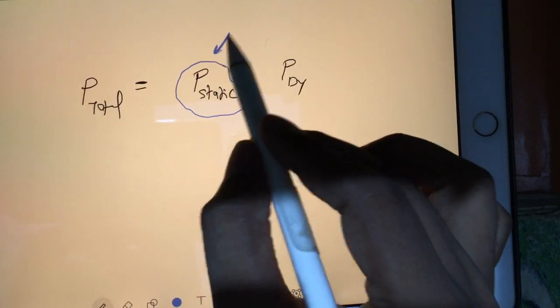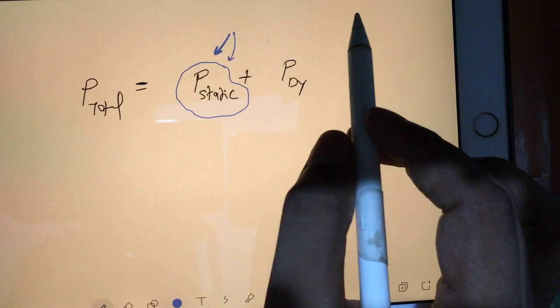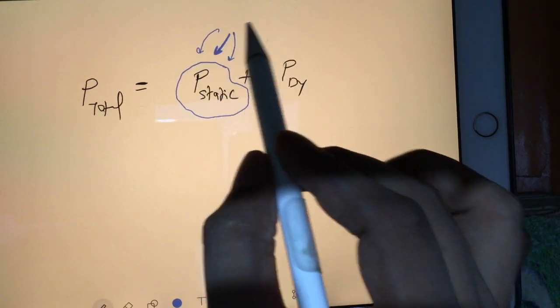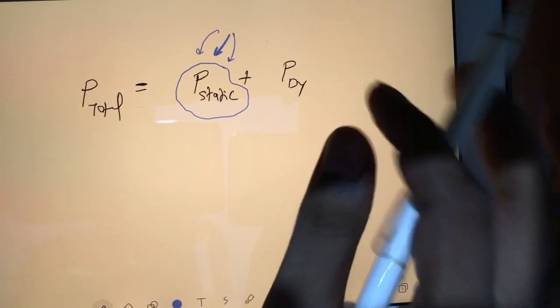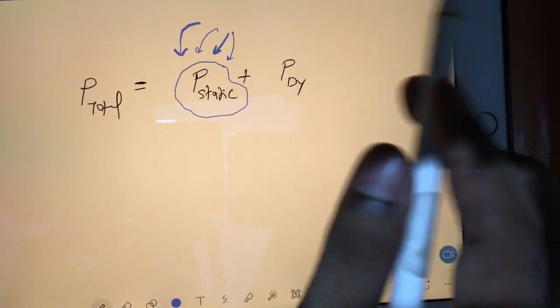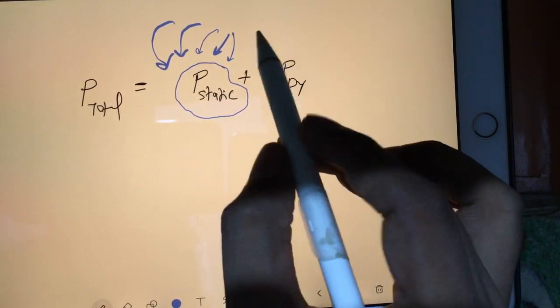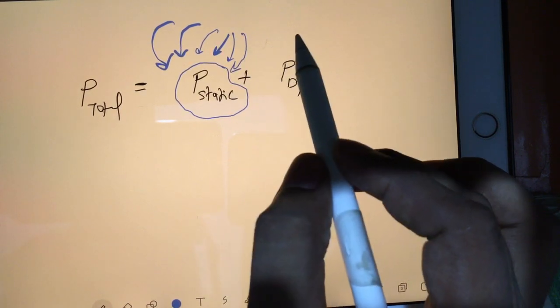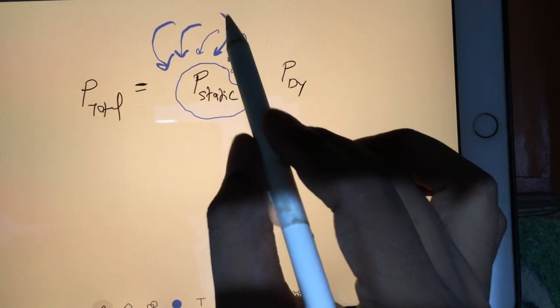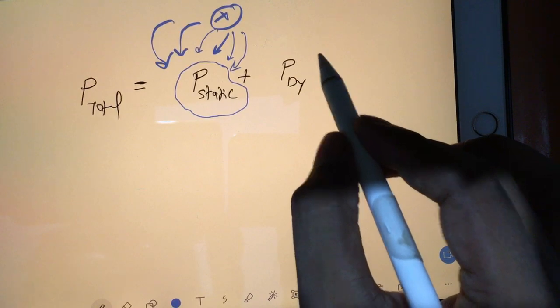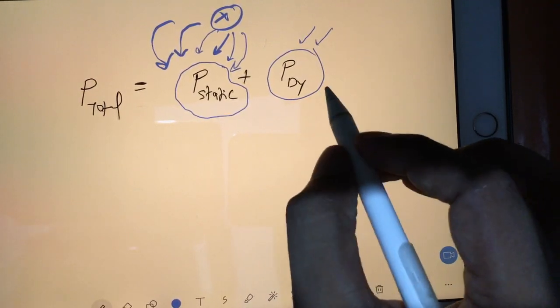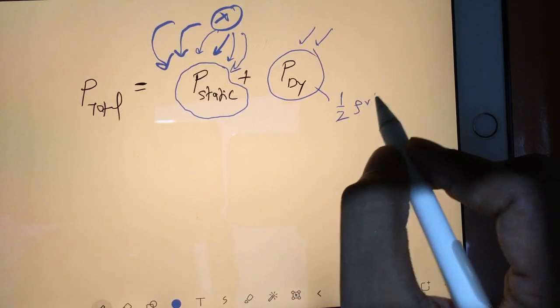This formula we don't teach in flight mechanics or aerodynamics. This formula is available in thermodynamics. When I teach you propulsion, at that time I'll teach you the formula for static pressure. Anyway, for flight mechanics and aerodynamics, we don't have to find static pressure, but we have to find dynamic pressure. For dynamic pressure, our formula is half rho v square.